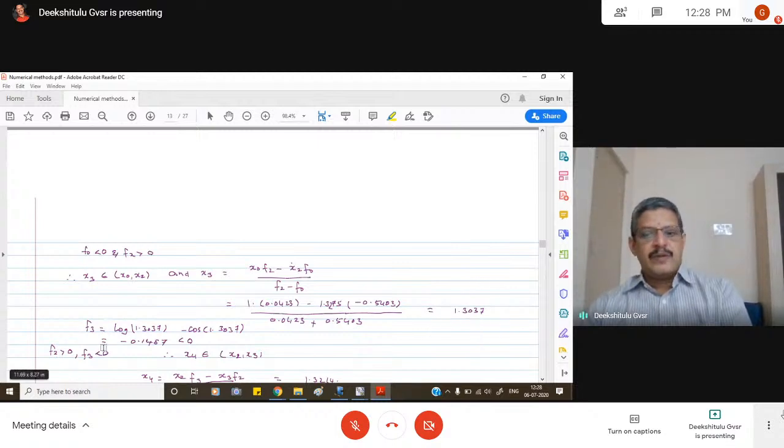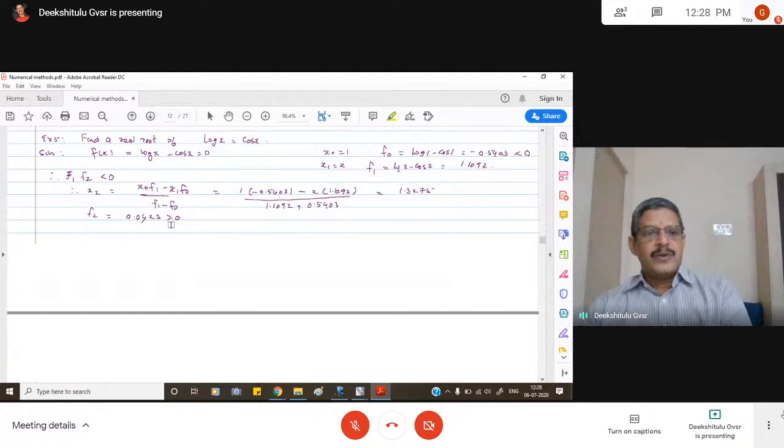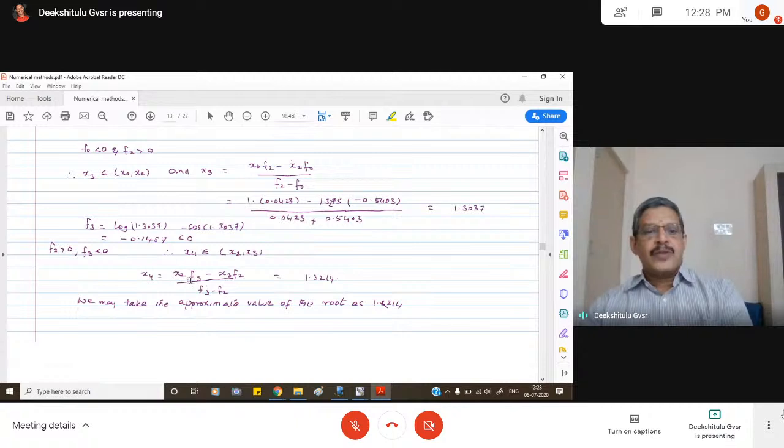And the function value at 1.3037 is less than 0. f2 is greater than 0 and f3 is less than 0, so the root lies between x2 and x3. That will be x4 = (x2 f3 - x3 f2)/(f3 - f2). We simplify that, 1.3214.